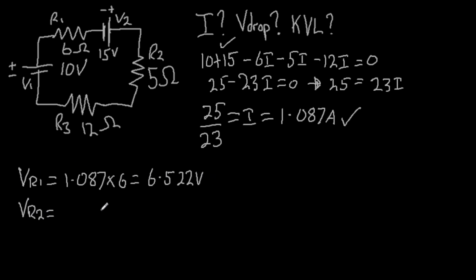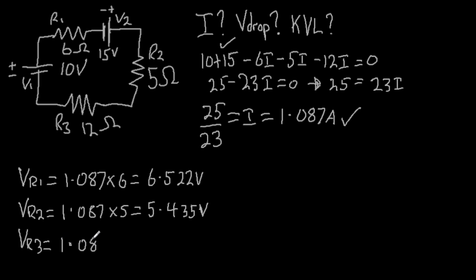For R2, similar case, 1.087 times 5 equals 5.435 volts. And for R3 finally, 1.087 times 12 equals 13.044 volts. That is your voltage drops there.